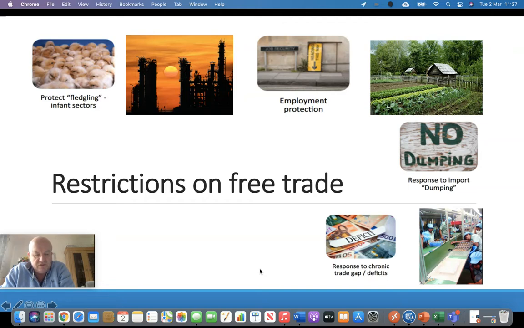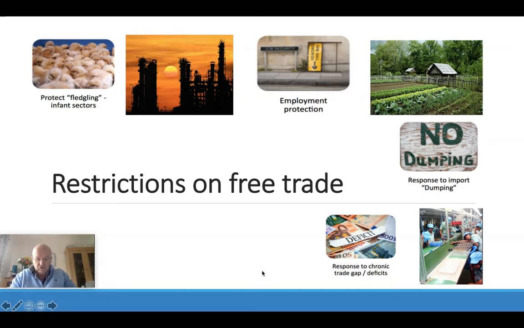So we've got protection of infant sectors, could be employment protection, could be as a response to import dumping, or it could be a response to chronic trade gaps or deficits. So again, a number of sensible, I suppose, economic reasons that you could, in some cases, justify restricting free trade. So let's take a look at these in a little bit more detail then.